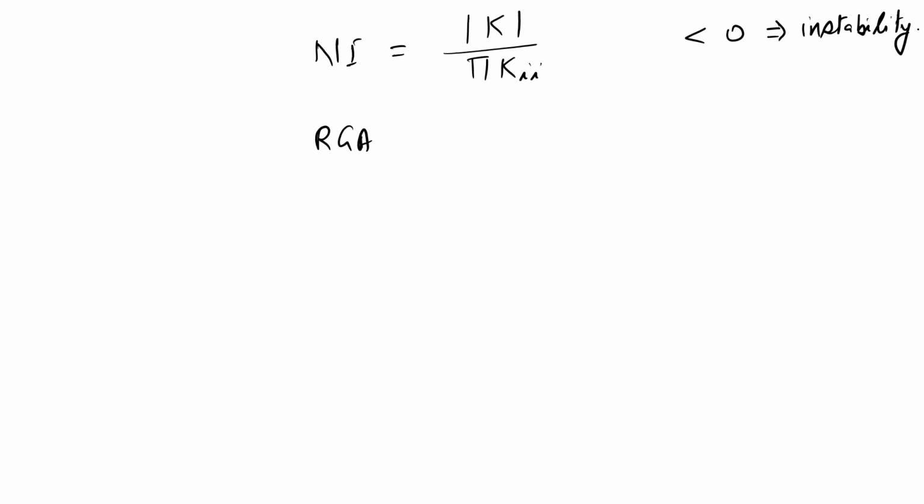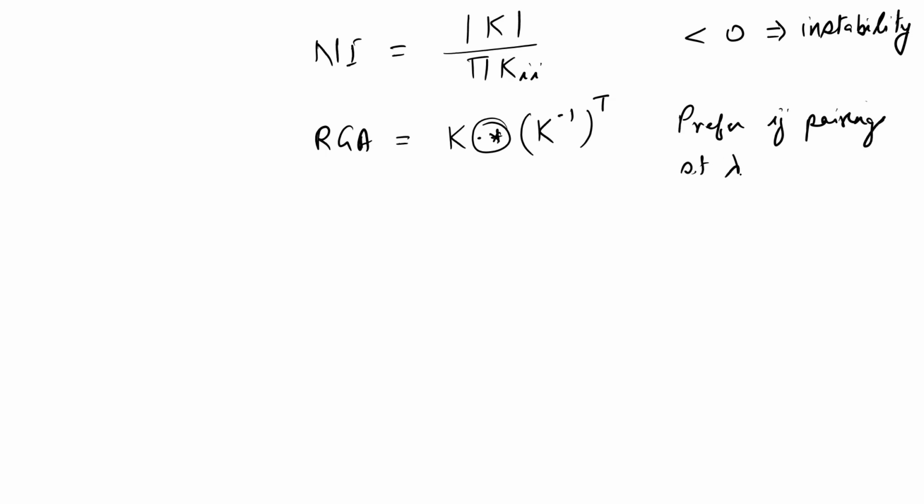Relative gain array, like I said, we obtained by multiplying element by element the elements of the gain matrix and k inverse transpose matrix, and here we prefer ij pairings such that lambda ij is close to 1.